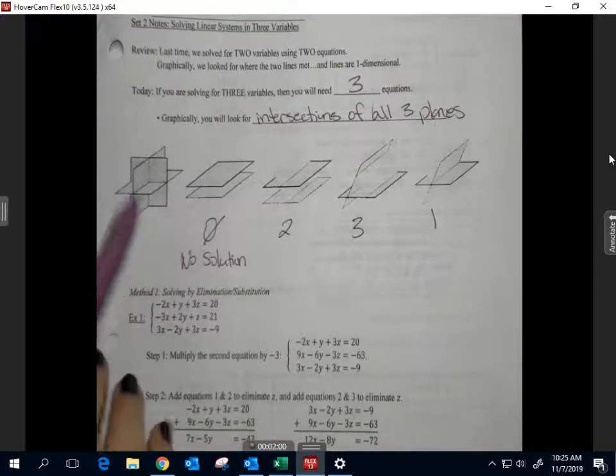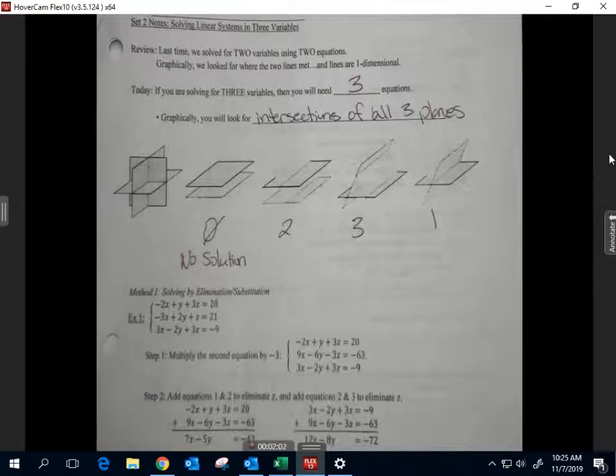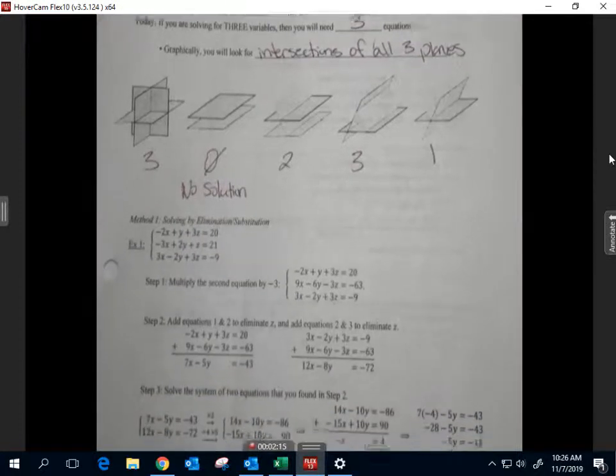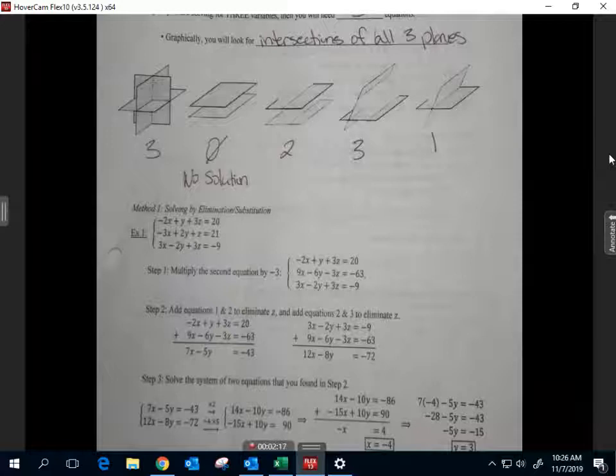I'm trying to determine how many solutions this one here may have. Some say 4, but I don't think we can have 4, so I believe this is 3. You will not have to graph these because there's no way.